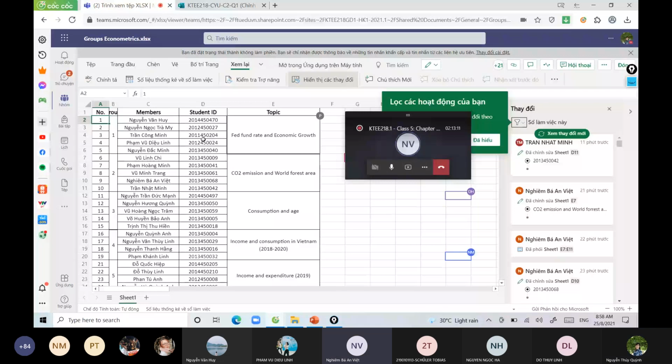We think because the reducing forest area is one of the main reasons for excessive carbon dioxide emission, and we have abundant information about the forest area, so we just pick that topic.